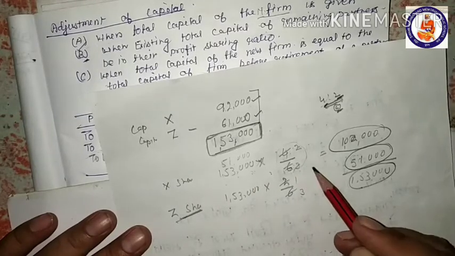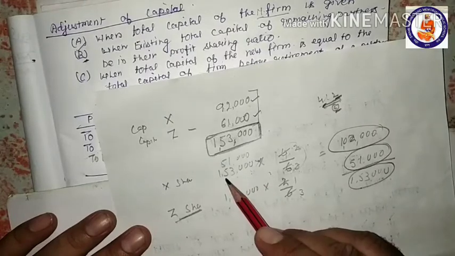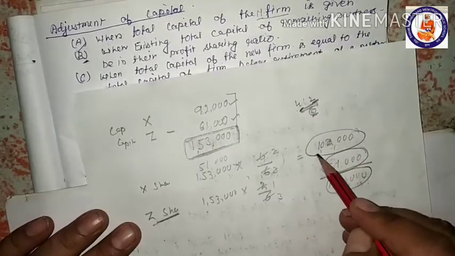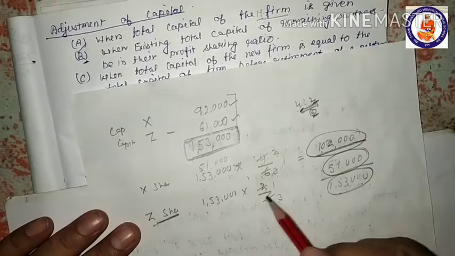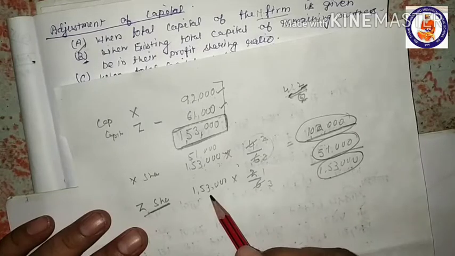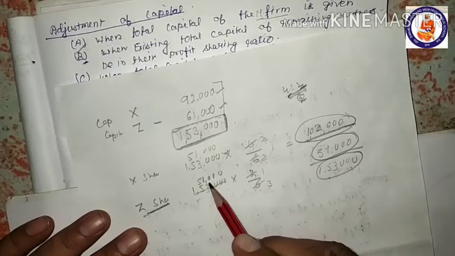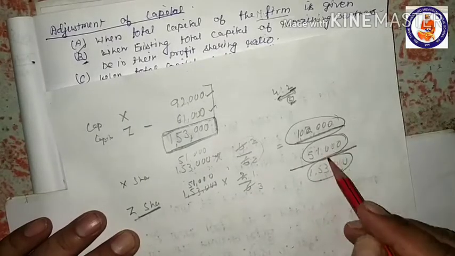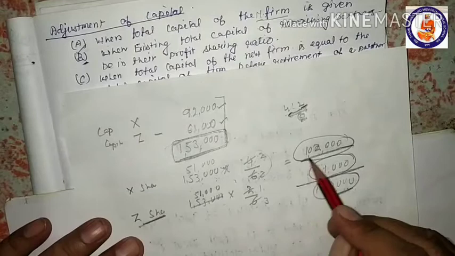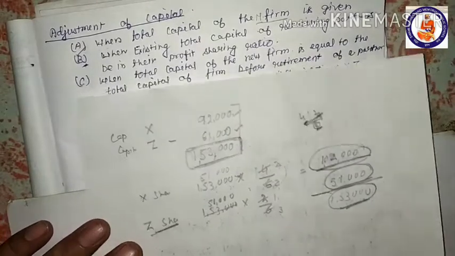Dividing, 1,53,000 by 3 gives 51,000, multiplied by 2 gives 1,02,000, so this should be the capital of X. In the same way, Z's capital is 2/6 of 1,53,000, which comes to 51,000. Adding 1,02,000 and 51,000 gives 1,53,000, the total capital of both partners. Now we will see the position of the capital accounts.